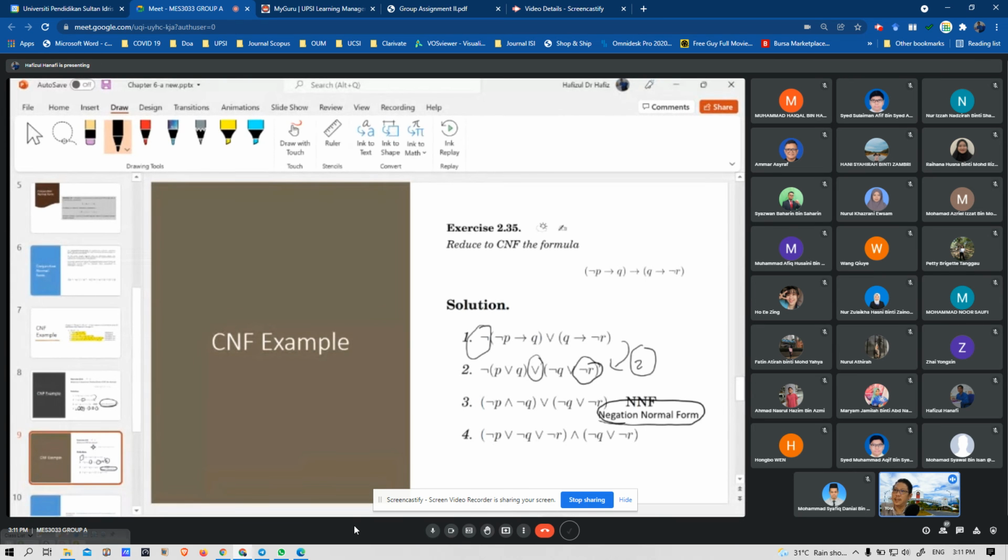Then finally we get negate P, this one is associative law, from a conjunction we got a disjunction, and then or negate R, and then we have and here, negate Q or negate R.